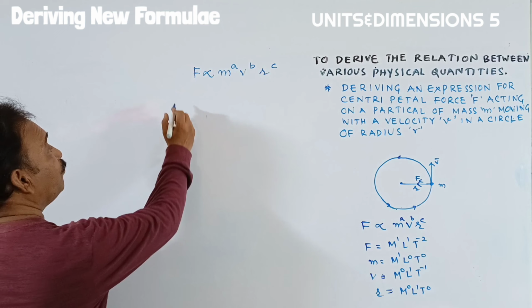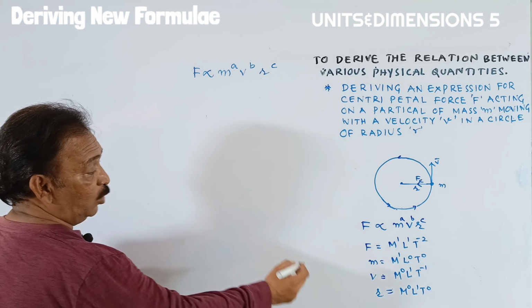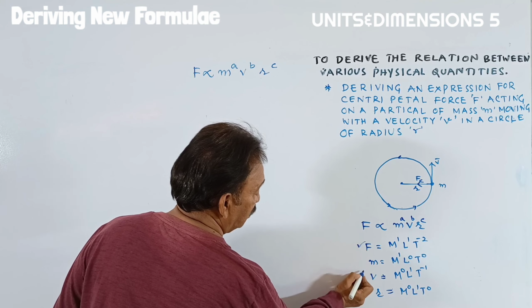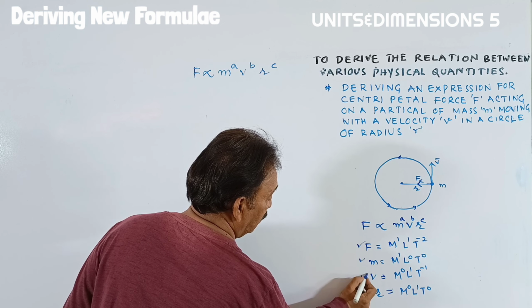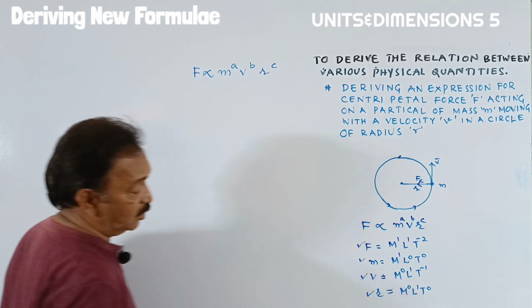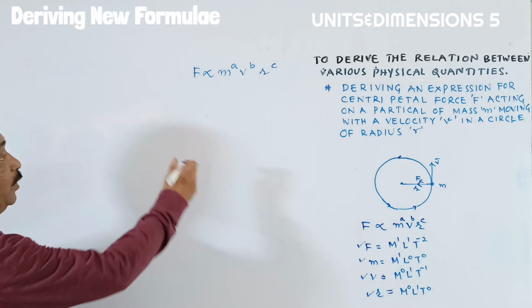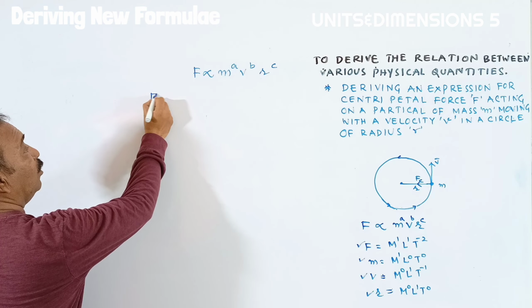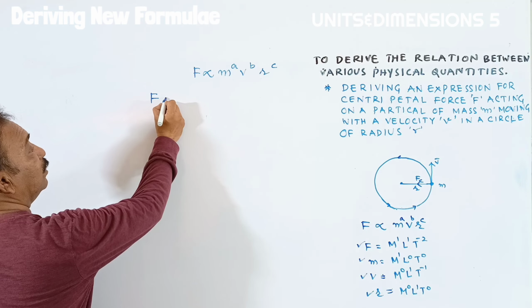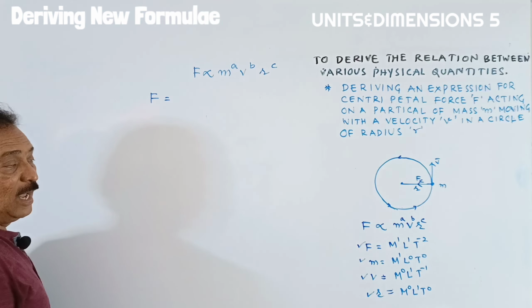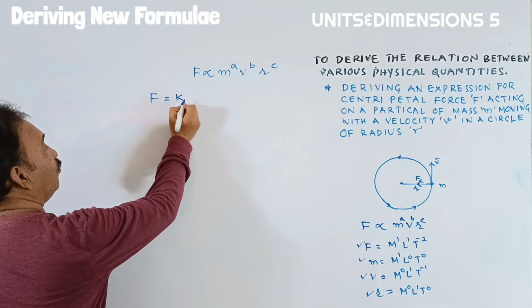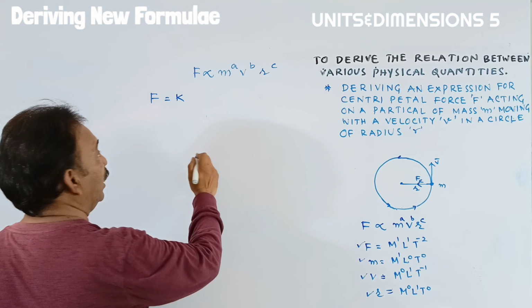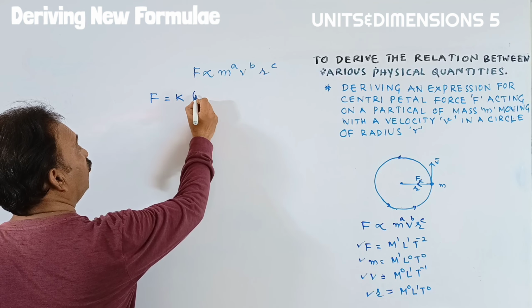Then see, we know the dimensional formula of force, mass, velocity, and also radius. I'm rewriting the same here. I'm writing force is proportional. In the place of proportional, I am writing K, the proportionality constant. M, mass. What is the dimensional formula of mass?